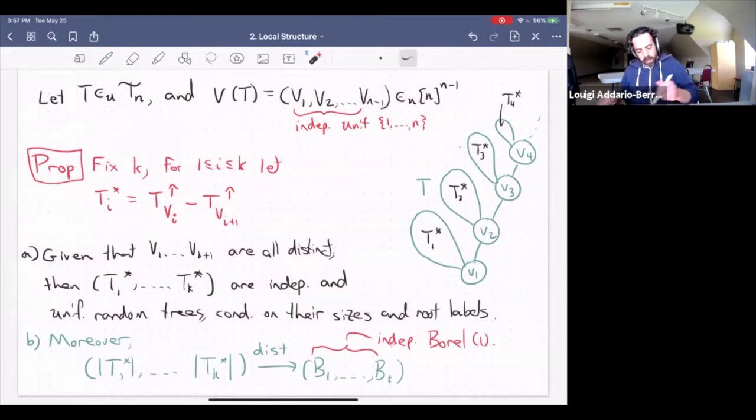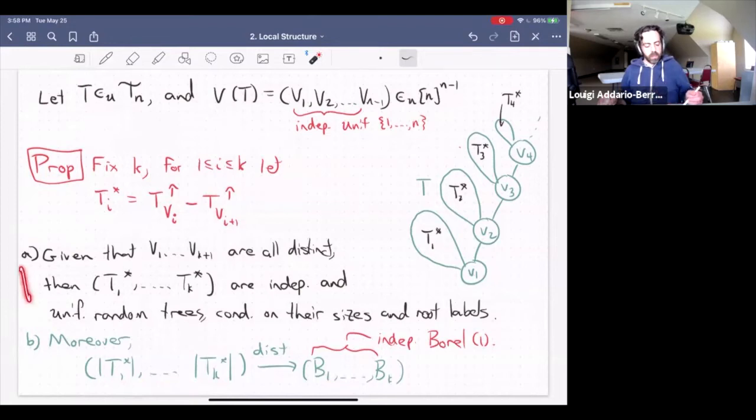It's just a statement that these trees here, so this definition makes sense on its own. It just says take one subtree, subtract another subtree from it or remove some vertices from it, potentially nothing if this isn't a subtree of this. Okay, you get some subtrees of this random tree, and part B is the statement that their sizes converge jointly to independent Borels.